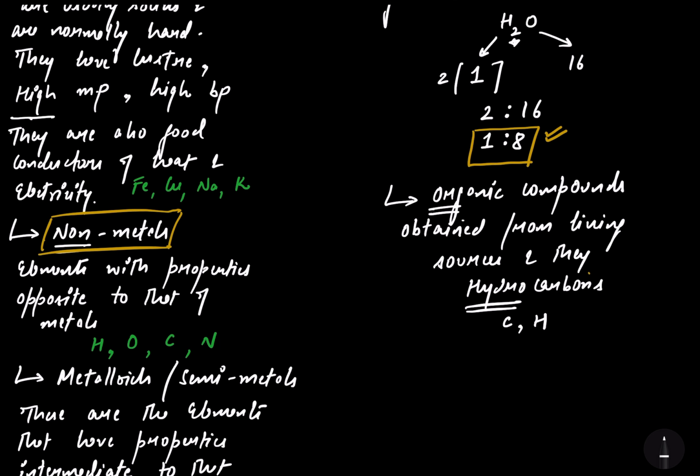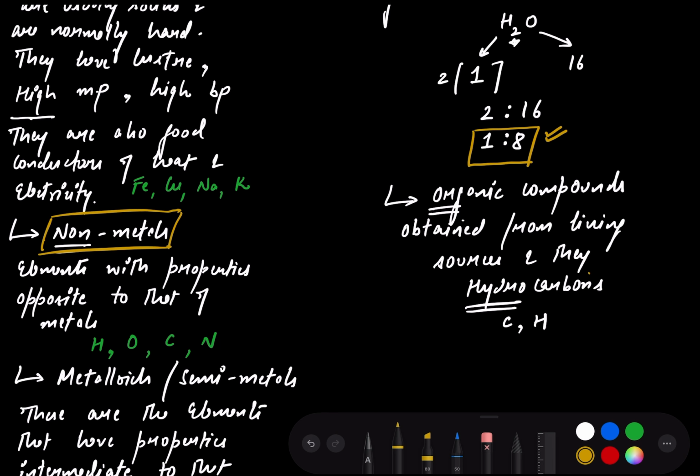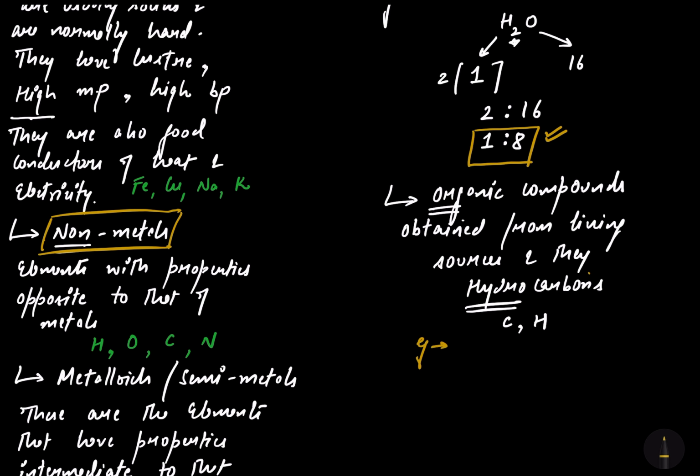That's why we call them hydrocarbons. Let me give you an example. The simplest is sugar, which we get from the plants. The plants are living sources. C6H12O6 is glucose, and C12H22O11 is my sugar.